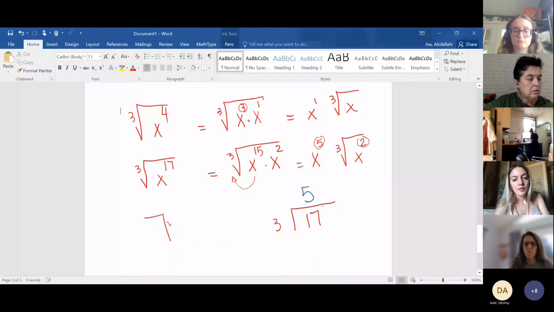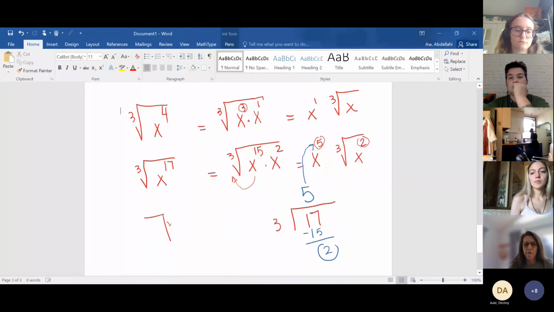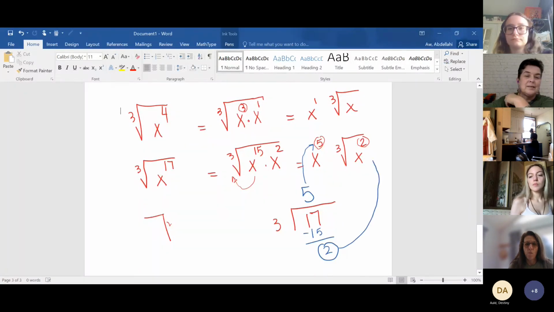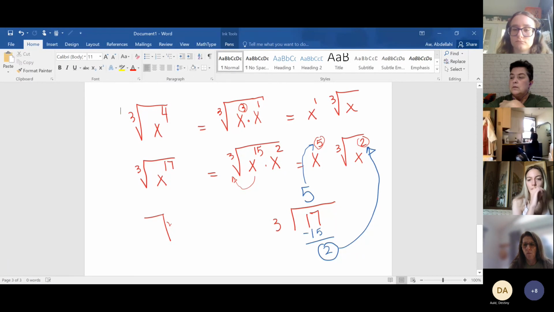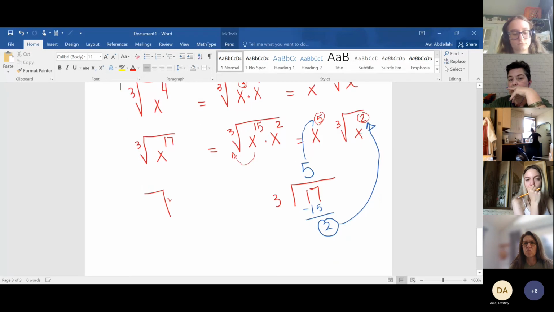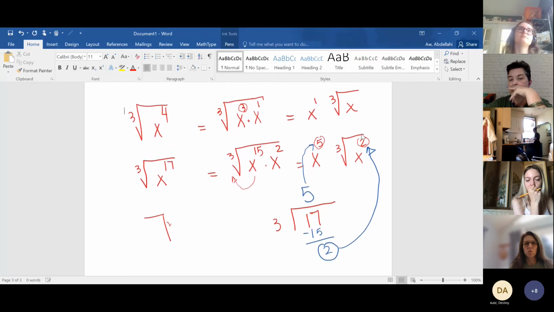That is the 5 here. 5 times 3 is 15. What remains? 2. That is the 2 right here. In my answer, I will always see how many times 3 goes into that number, 17, and then the remainder. All right, so this is how we simplify cube roots.